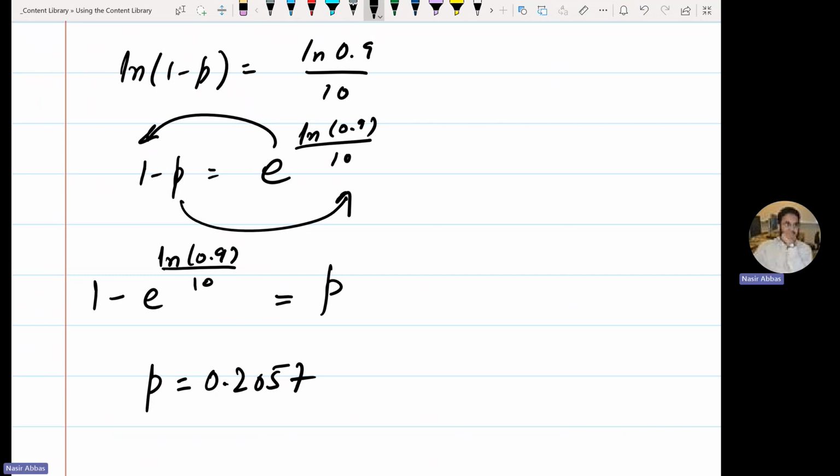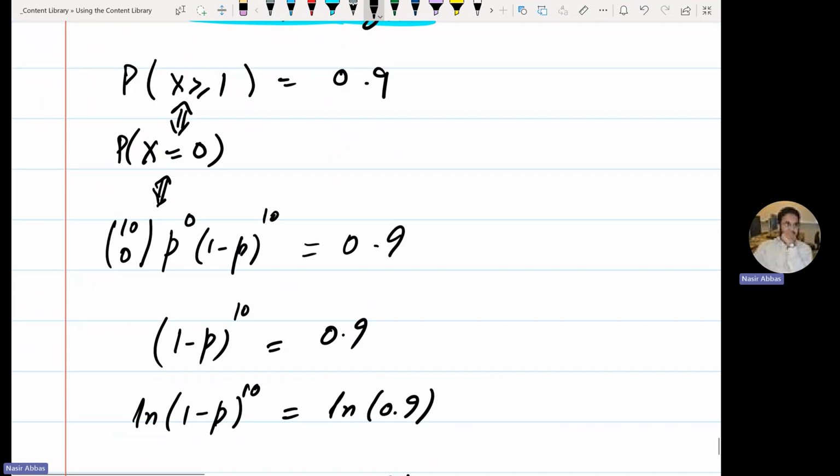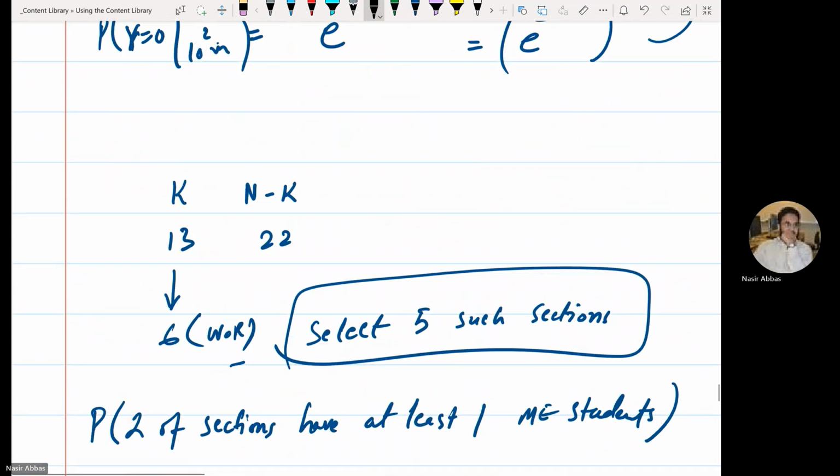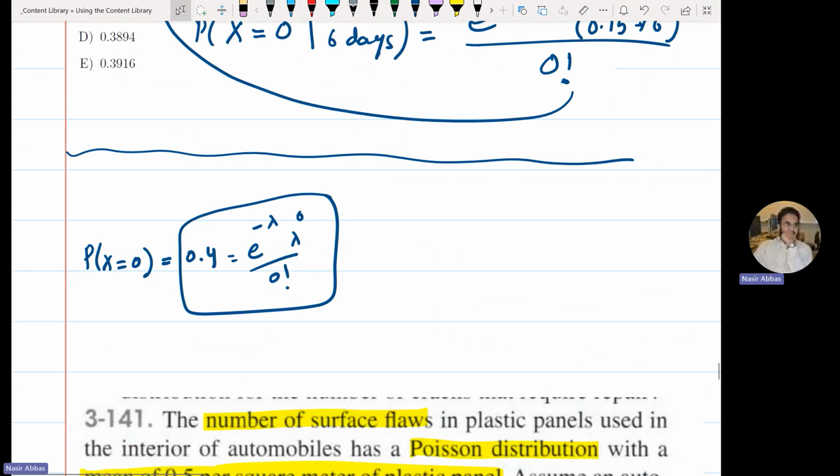So this is a kind of similar question to this one, where we told you that x has a Poisson distribution, but we did not give you lambda. We gave you lambda in terms of probability of x equals 0 equals 0.4. And we asked you to find lambda from there.